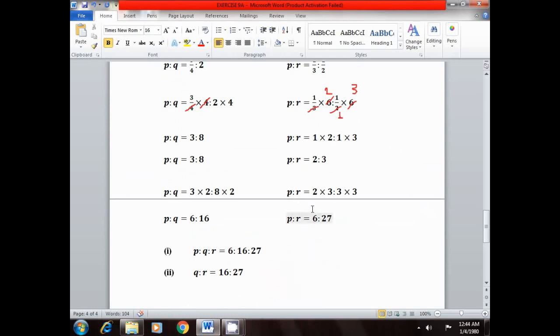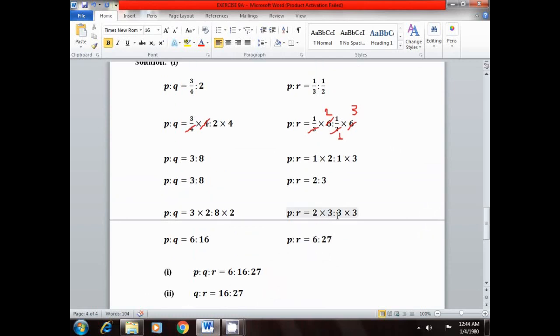Okay, now 3 times 2 is 6, 8 times 2 is 16, and then p ratio r, 2 times 3 is 6, and 3 times 3 we have 9.